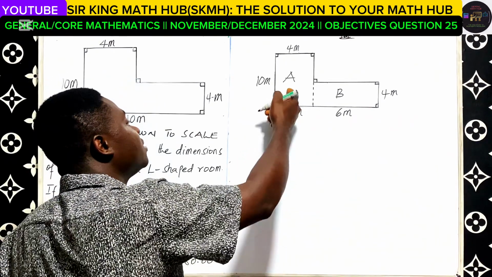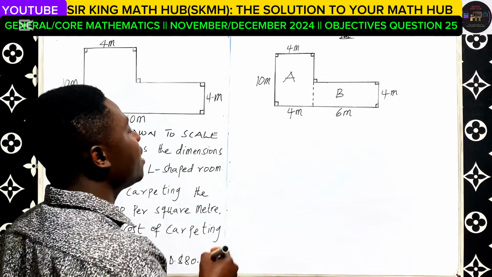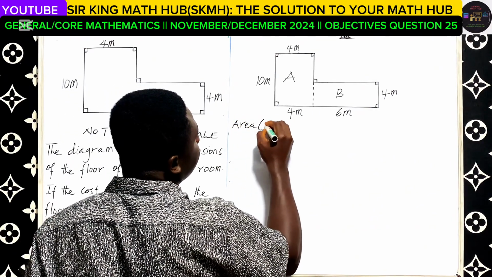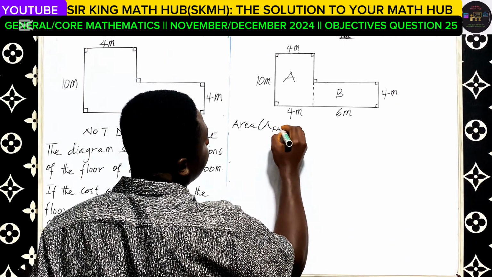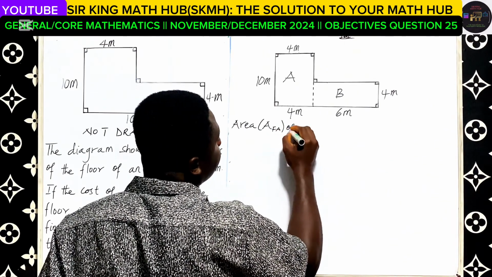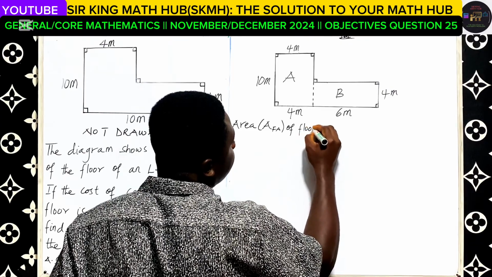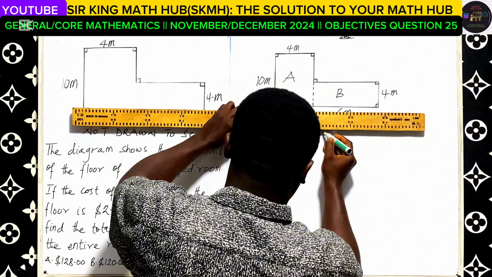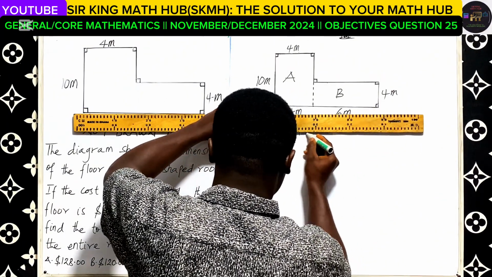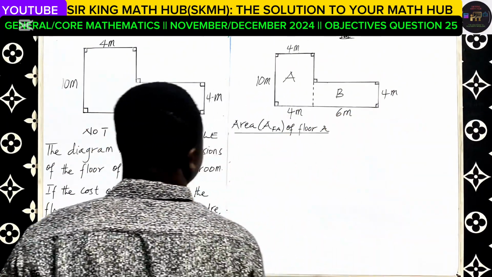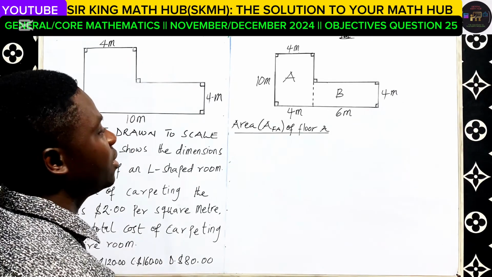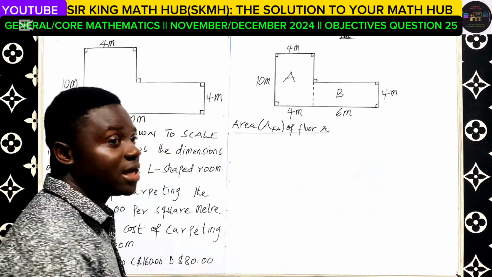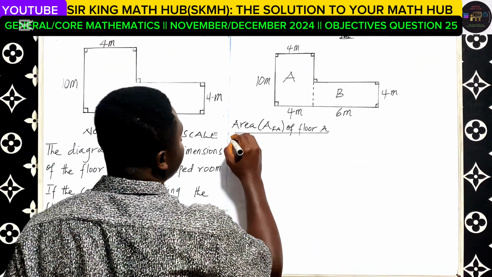Now starting with floor A, let's calculate the area of floor A. Floor A is a rectangle, and a rectangle has two dimensions, the length and the width.